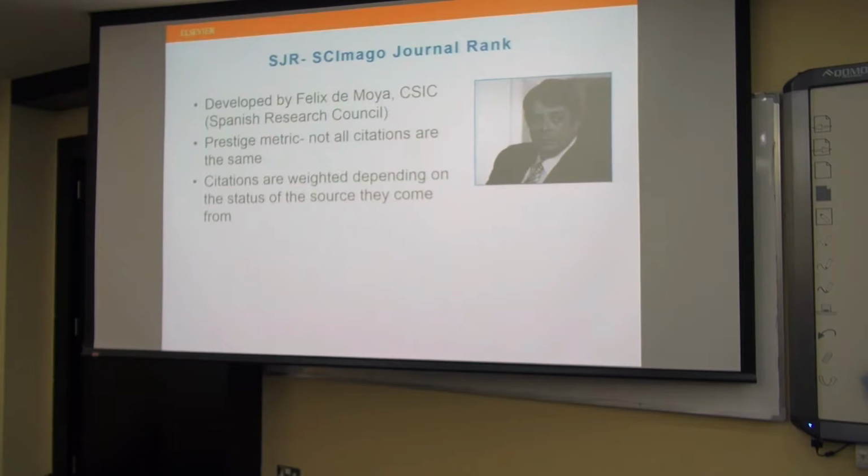But he got 8 citations from Nature and Cell, and I got 10 citations from a local magazine. So those 8 citations are much more valuable than the 10 citations which I got. That is the concept of SJR, and as I mentioned, we should not use only one metric, we should use more than one metric to evaluate the journal.